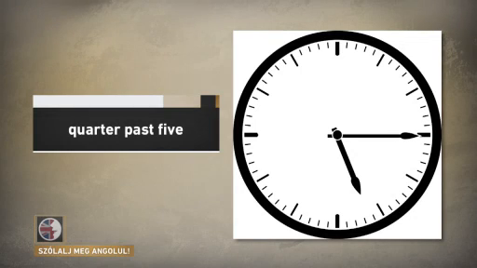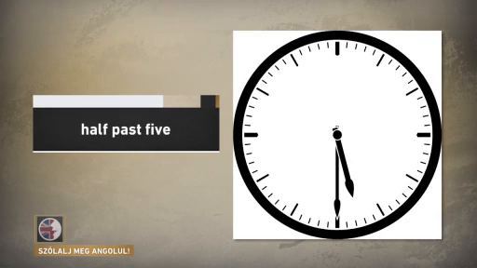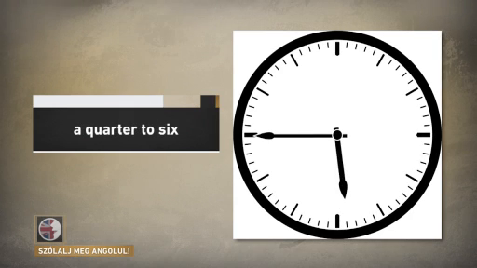For example, we know that 5:15 is quarter past 5. 5:30 is half past 5, and 5:45 is quarter to 6. Do you remember the difference between English and Hungarian with half past? That's right.